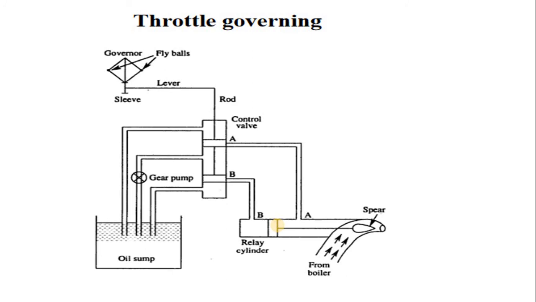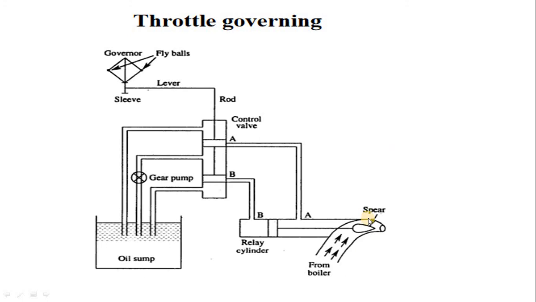Similarly, vice versa, when the load of the turbine increases, the speed of the turbine decreases, and at that time we must supply more steam to the passage. It can also be done by the movement of the sleeves as well as the movement of the piston in the relay valve, in the forward direction.